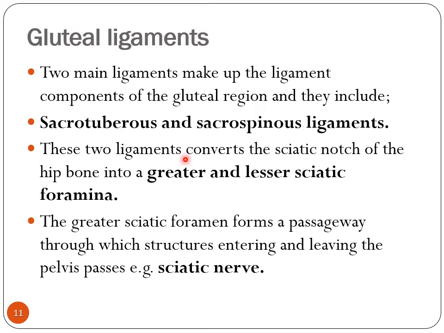These two ligaments convert the sciatic notch of the hip bone into the greater and lesser sciatic foramen. The greater sciatic foramen forms the passage through which structures enter and leave, for example the sciatic nerve and other great vessels.